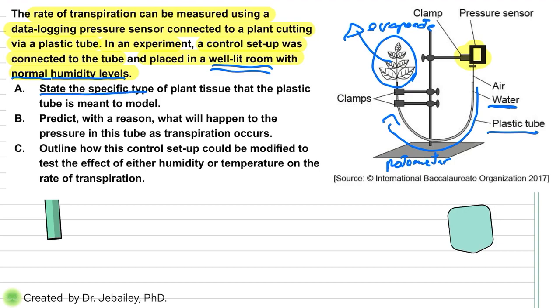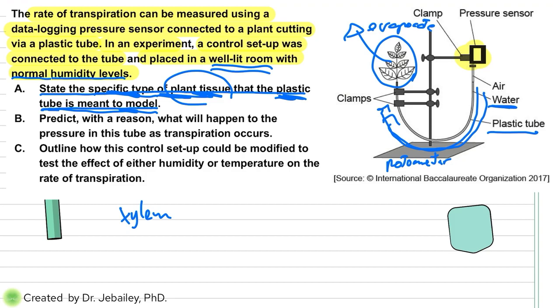State the specific type of plant tissue that the plastic tube is meant to model. When it says plant tissue, we're most likely talking about the xylem, right? Because they're trying to model how the water is moving through the xylem and out of the plant.